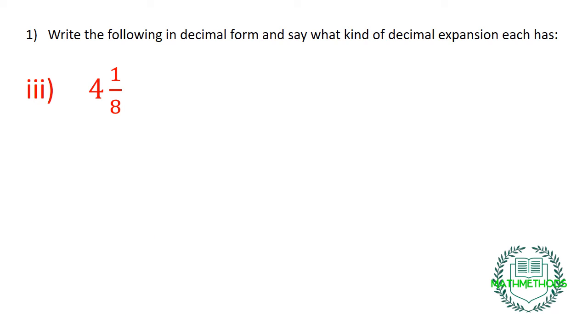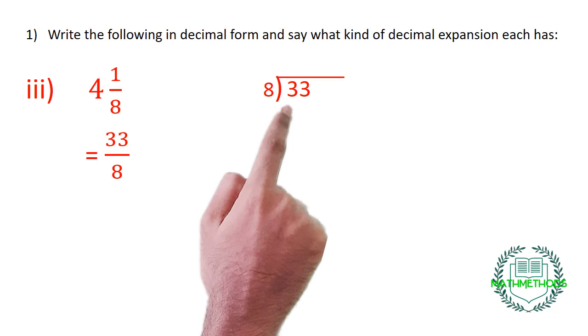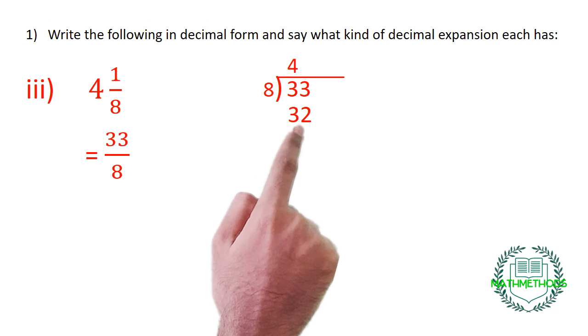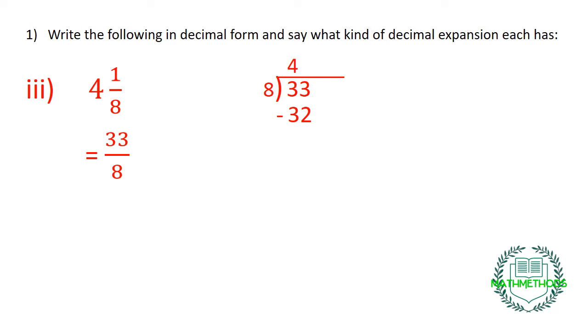Thus we get 33 upon 8. 4 and 1/8 is equal to 33 upon 8. To find the decimal expansion of 33 upon 8, perform the long division. So write here 33 divided by 8. 8 fours are 32. 33 minus 32 equals 1.